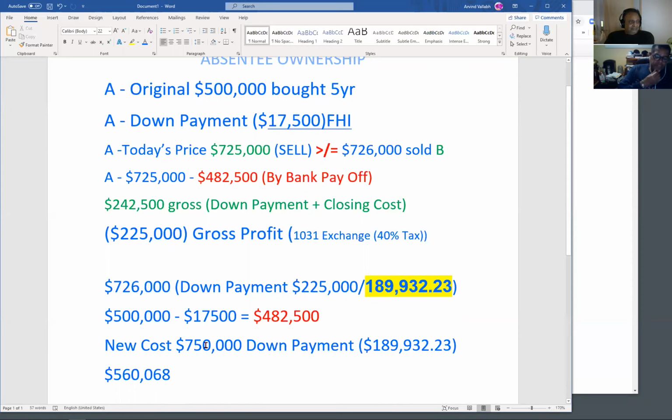What happened to the 568? No, that's my mistake. Let me clear it. The new purchase price. What is 20% of 750,000? 150,000. And you said 20% of that?